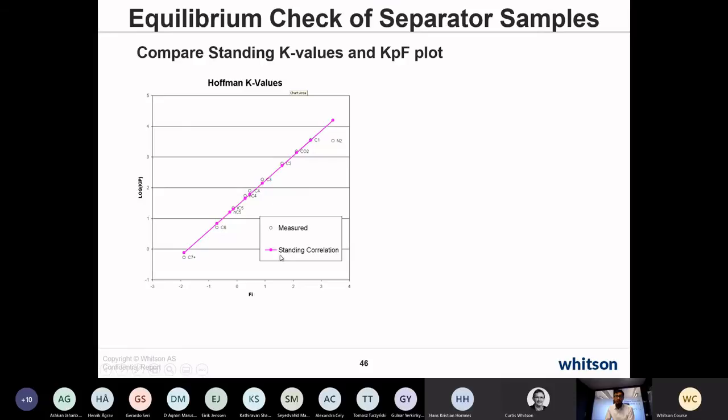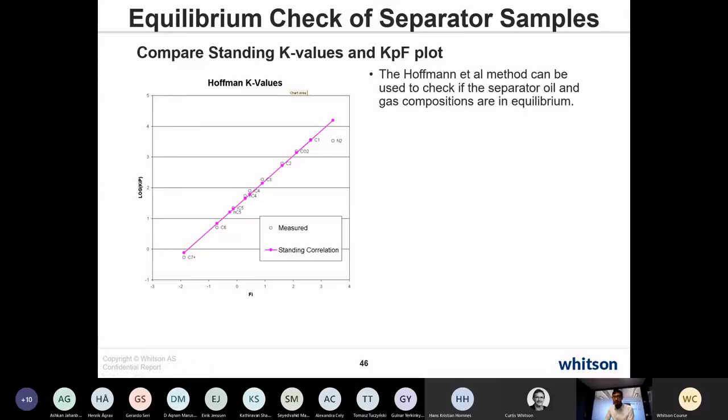So the Standing correlation gives the slope and intercept, which we calculated yesterday, which were A0 and A1. We will see it one more time during the exercise. So the Standing correlation gives the approximate slope of this straight line, and the lab data should fall closely on that straight line if the data is in equilibrium. So that's something we are gonna do in the exercise.